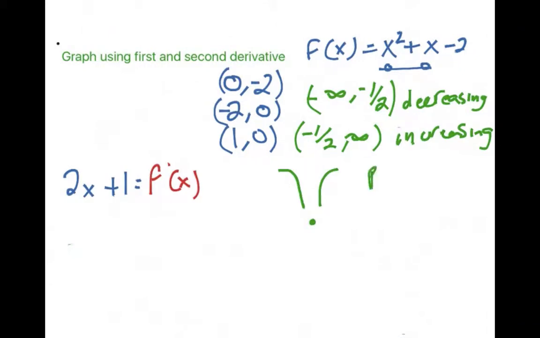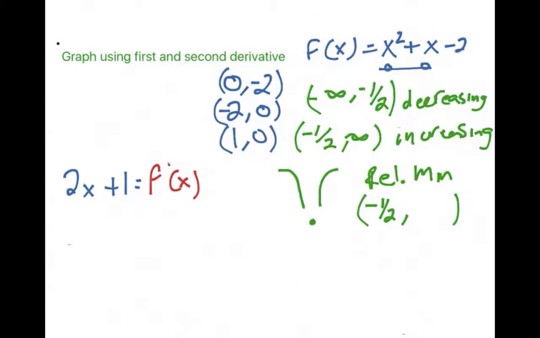So we write here: relative minimum at x equals negative 1/2, and we can now find our y value.